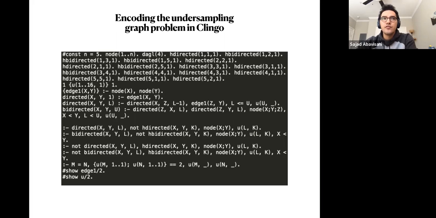And also, if we don't have a certain edge in that ground truth undersampled graph, we should not have that in our candidate graph either. And that's basically it. We just encoded the problem as simple as this, and it will reduce the time it took to compute that much.